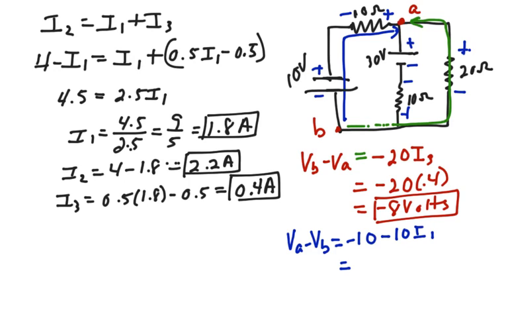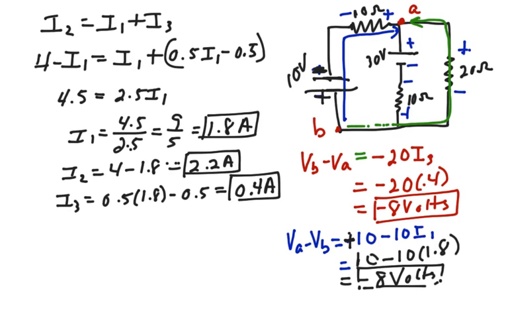It was the other direction. So it was positive like this, negative like this. So this would have been a positive 10 minus 10 I1. So that is 10 minus 10 times 1.8. And that gives me also a negative 8 volts. So I can't go wrong. I've got it right. The voltage difference between B and A is a negative 8 volts, and that's our answer.